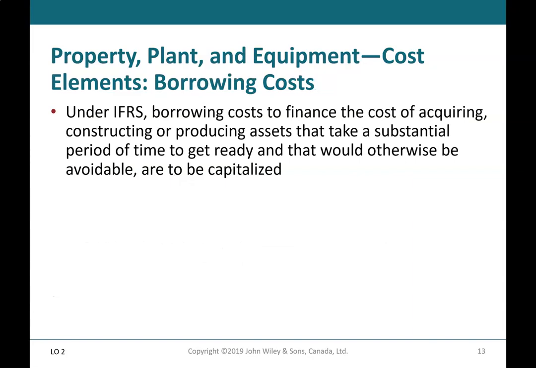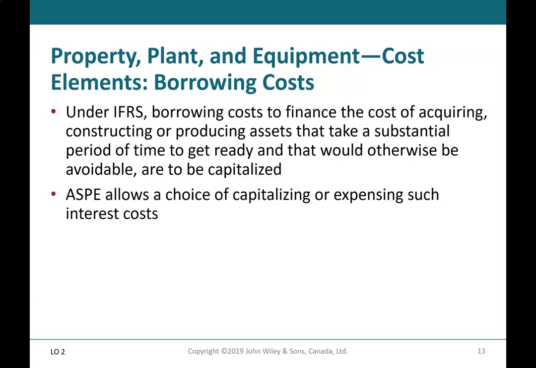Property, plant, and equipment cost elements: borrowing costs. Under IFRS, borrowing costs to finance the cost of acquiring, constructing, or producing assets that take a substantial period of time to get ready, and that would otherwise be avoidable, are to be capitalized. ASPE allows a choice of capitalizing or expensing such interest costs.